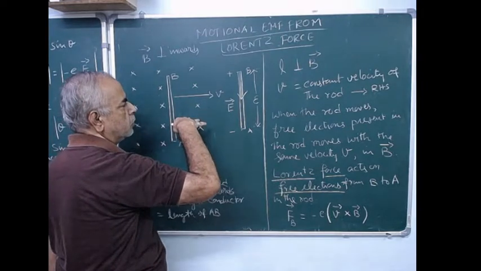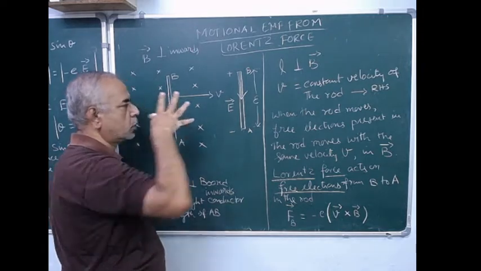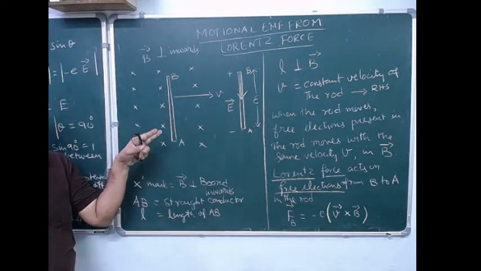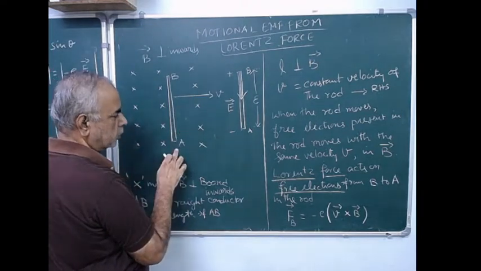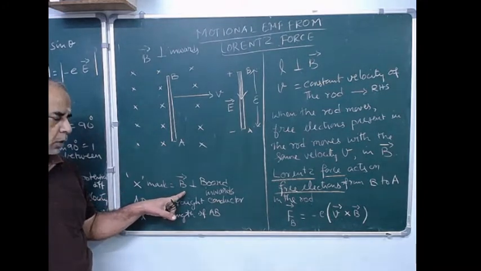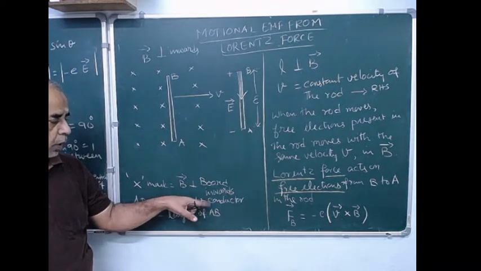So all these cross marks represent the magnetic lines of force, passing perpendicular inward. And then let me keep a rod here. AB is a rod. The X mark is the magnetic field, and its direction is perpendicular to the board, inward.